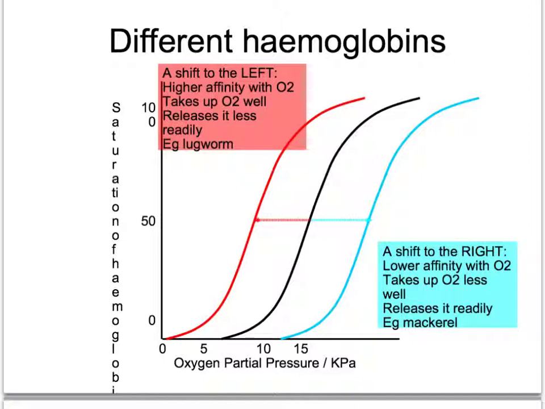So if I just try and demonstrate that for you now, let's just consider this oxygen partial pressure here. What's that going to be? That's going to be about 16, something like that, kilopascal of oxygen. The blue curve here, with a low affinity of oxygen, they're going to have 5-10% of their hemoglobin saturated with oxygen.